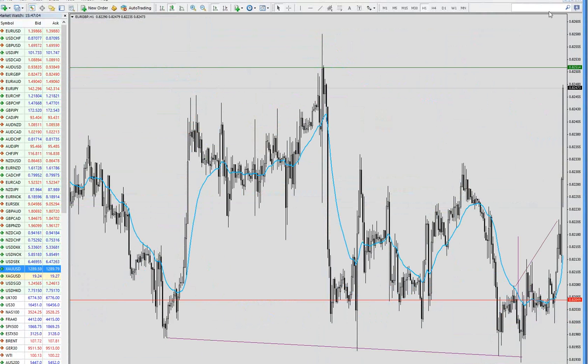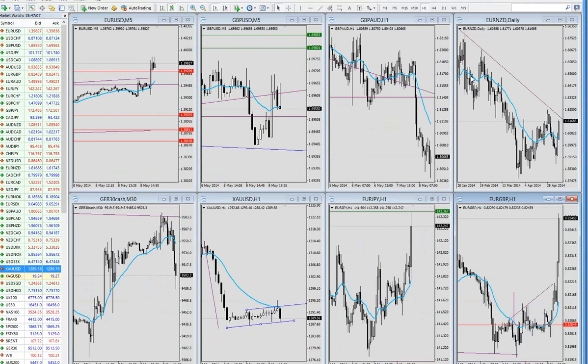That's closer to resistance on euro pound. There was a discussion. Serious concern.